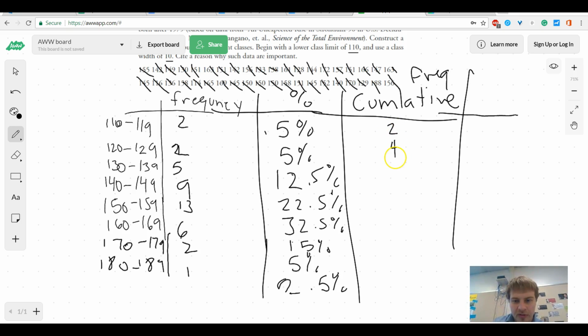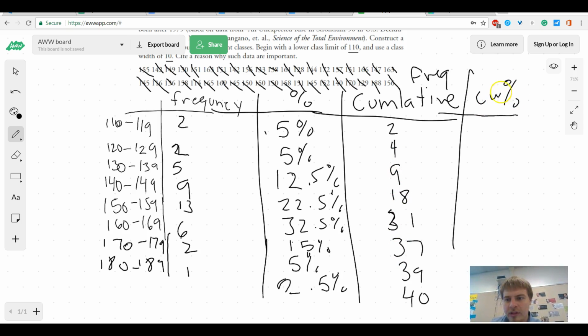So this one would be 2, that's 4, that's 9, that's 18, that's 31, 37, 39, and 40. So cumulative frequency just means you add them as they go along.